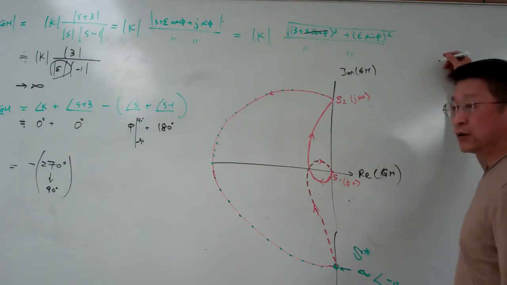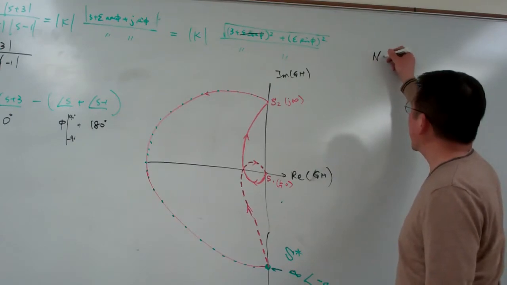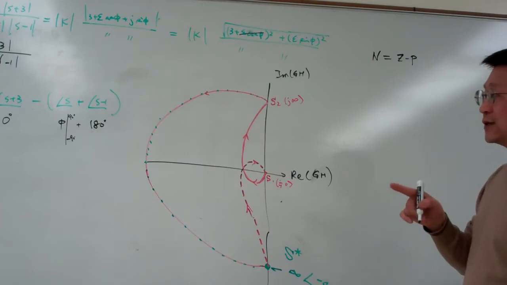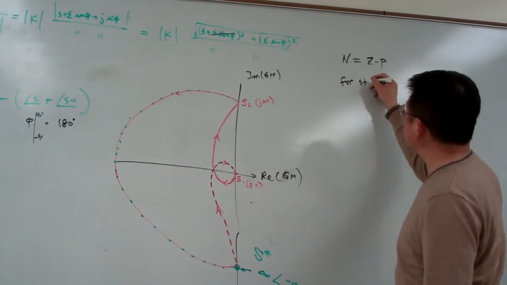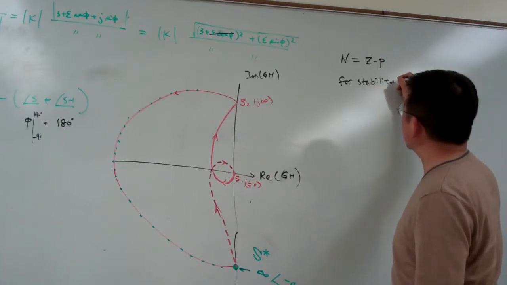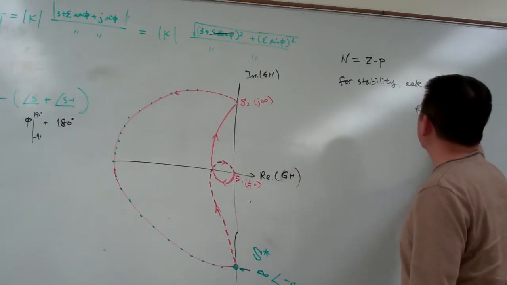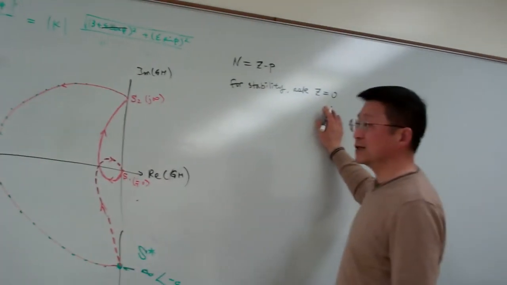Here we're going to apply the Nyquist stability theorem, N equal to Z minus P. Let's look at these systems. For a stable system, we're asking Z must be equal to 0. That means no root of the closed loop characteristic equation is on the right hand side.